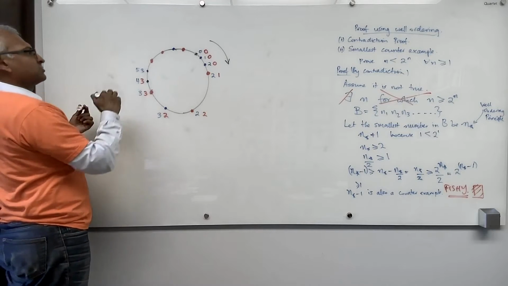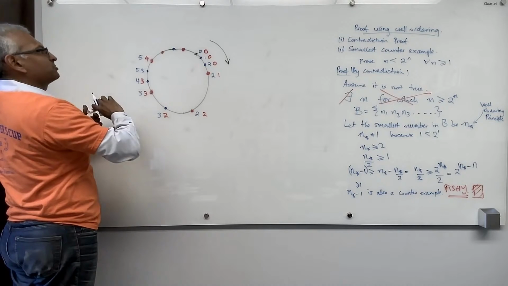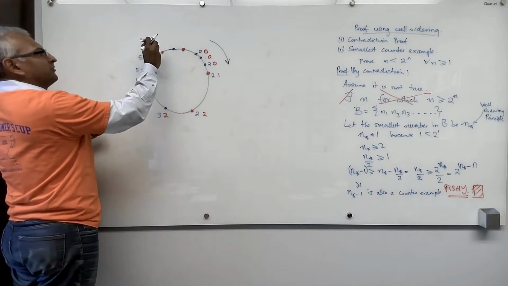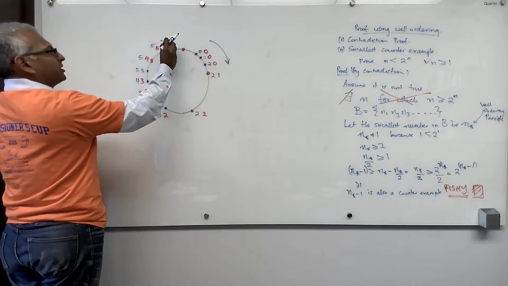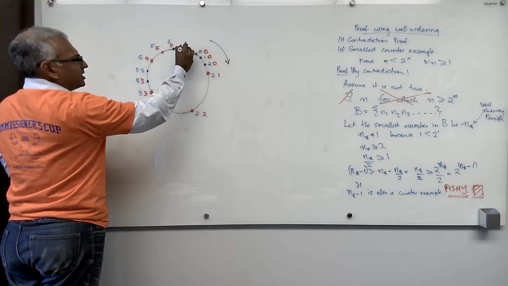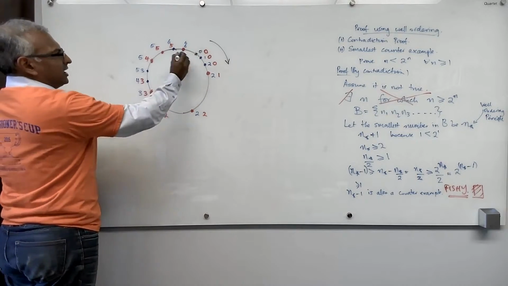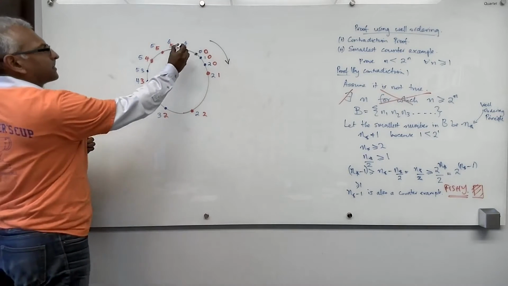And once I pass this point, I've passed 5 blue and 4 red. Once I pass this point, 5 blue and 5 red. Once I pass this point, 6 blue and 5 red. And once I pass this point, I have passed 6 red and 6 blue, and I end up coming back to my starting point.